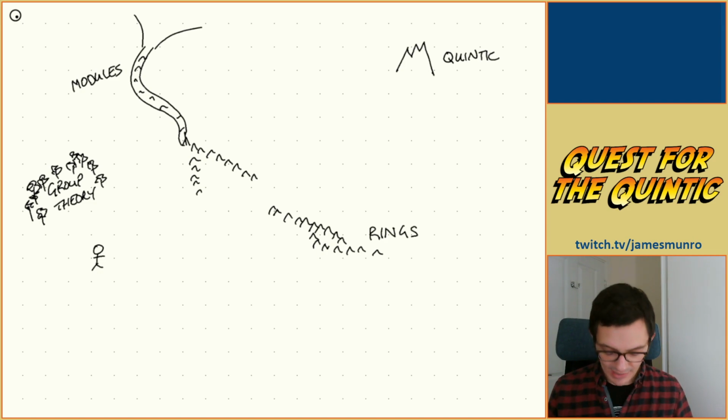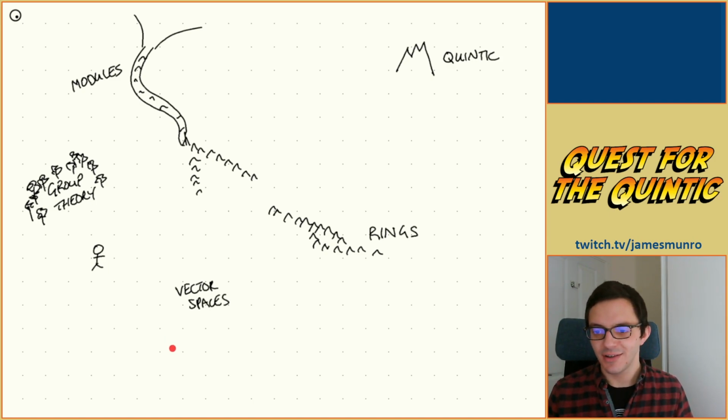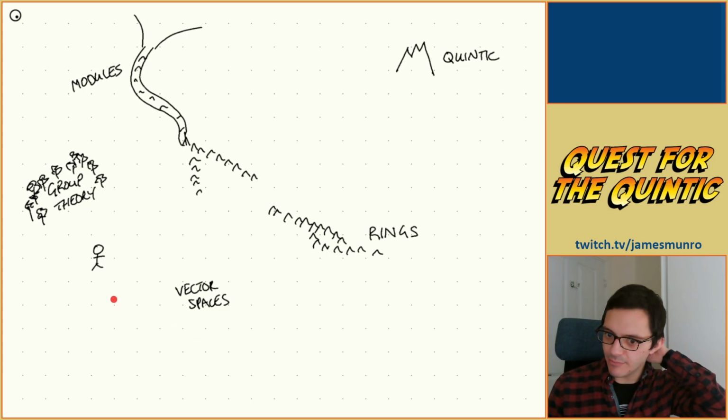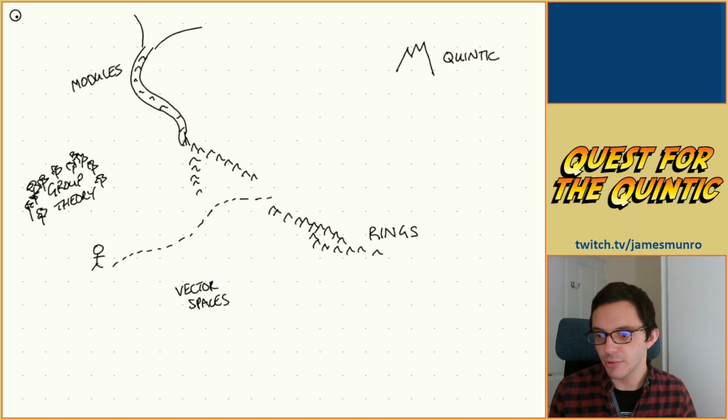And also over here, we've got sort of like vector spaces, some sort of mine full of dwarves or something. And the plan is that we walk, with the help of group theory and vector spaces, things that I already know, until we get through past rings into this space out here.